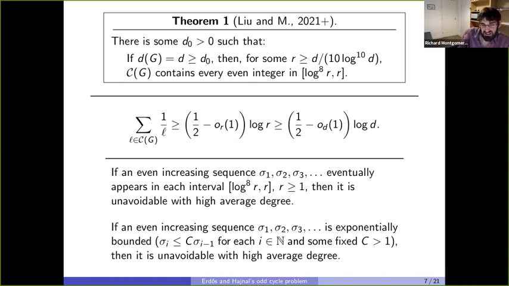So if an even increasing sequence eventually appears in each such interval, log to the R, then it's unavoidable with high average degree. And in particular, this shows that lots of rather quickly growing sequences are unavoidable, but it shows that all exponentially bounded sequences are unavoidable.